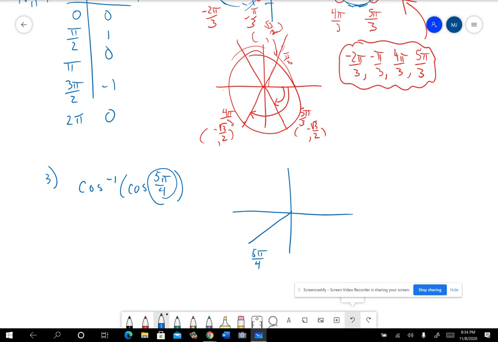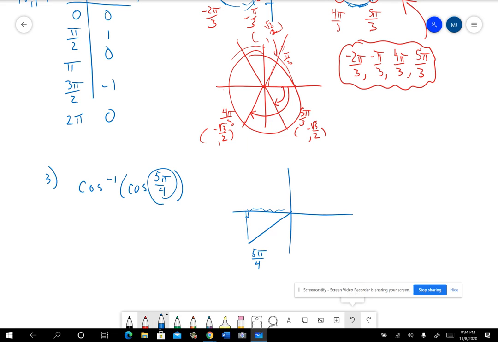I just need to know that I've got to do the cosine inverse of that. So if I did cosine of 5 pi over 4, then I'm thinking about how that would be related to this x right here.